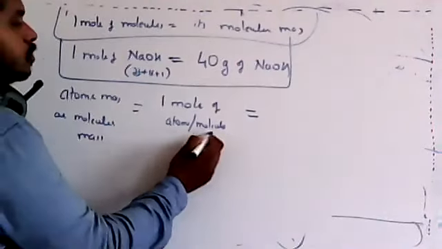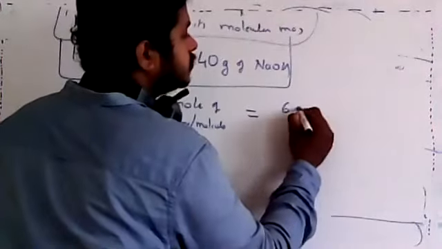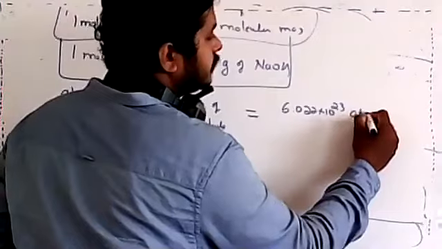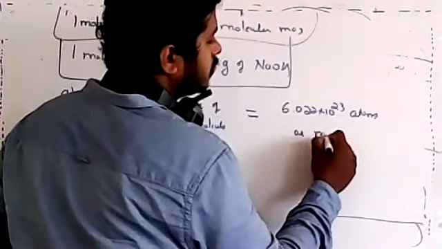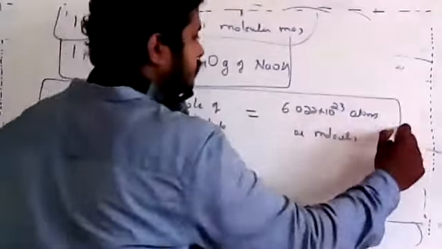Either if it is an atom or molecule, it will be the atomic mass or molecular mass, or it will be equal to 6.022 into 10 to the power 23 atoms or molecules. So this is the most important sentence.